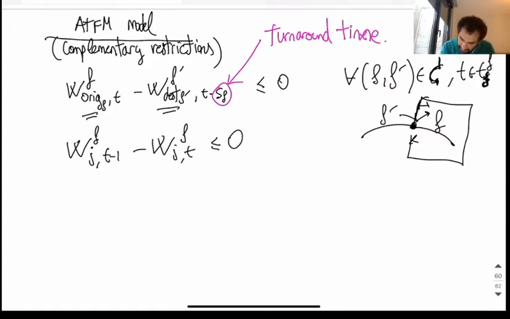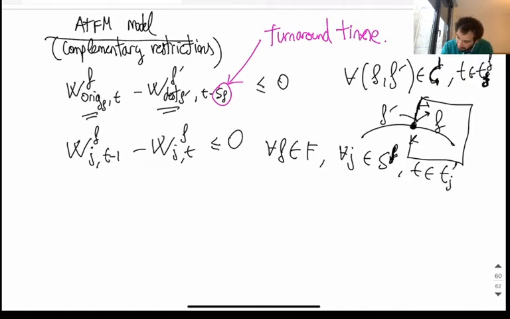And this applies for all flights, all sectors belonging to the set of sectors the flight F is overflying, and all times allowed for the sector J and flight F. This is capital T, sorry.